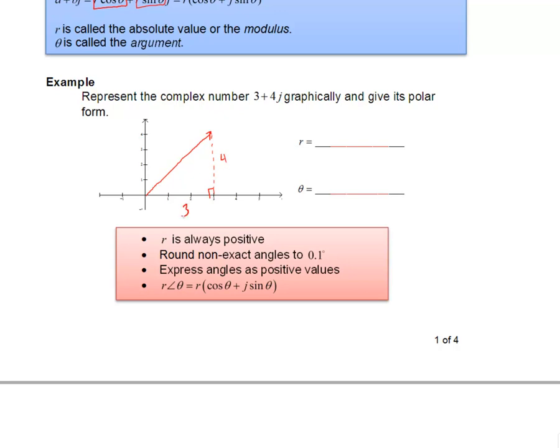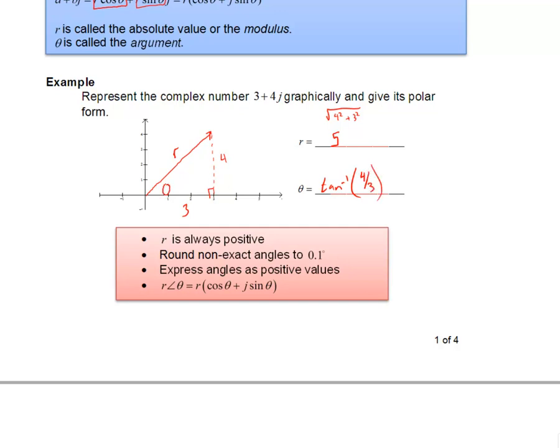We know this down here is 3, in which case we can calculate r is equal to the square root of 4 squared plus 3 squared. And if you do that, you find the answer is 5. So r is 5. Theta comes from the tan inverse. So theta is the tan inverse of 4 over 3.